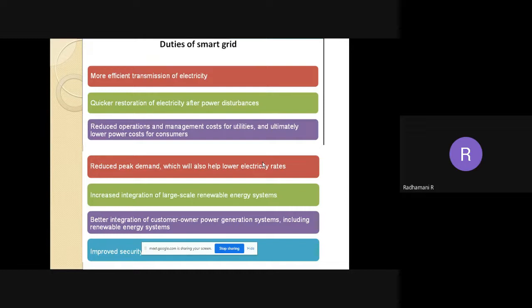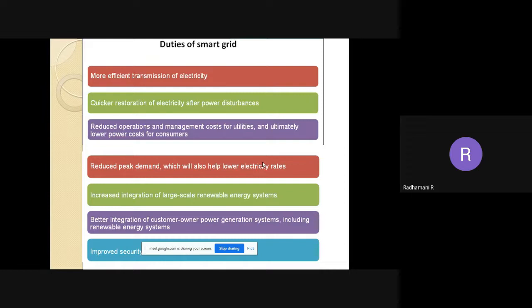In a normal conventional grid, the integration of renewable energy systems to the grid is one of the challenges. But in the case of smart grid, it will help to incorporate them, and also it will help the consumers to deal with the grid, to operate with the grids.